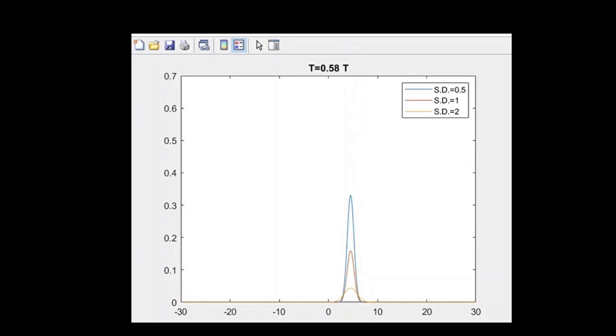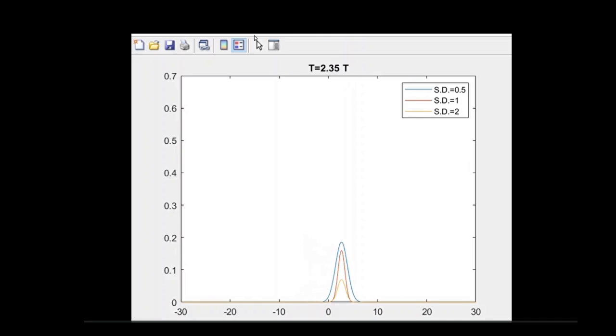But if it is a narrow Gaussian on one side, then it becomes wider when it comes to the center. And in between there is one case which is just the Gaussian function shifted to one side with spread equal to 1. Then it remains the same shape as it oscillates from the left side to the right side.